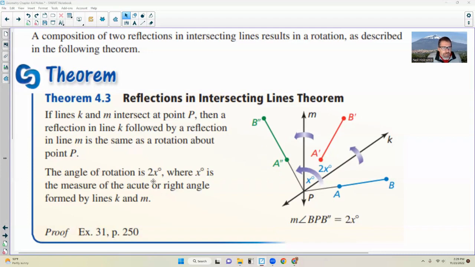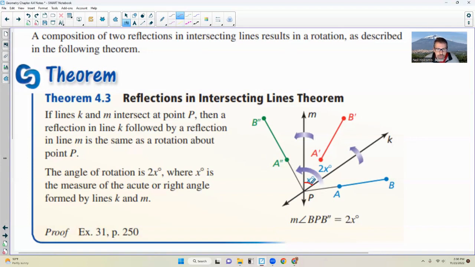The angle of rotation is 2x degrees, where x degrees is the measure of the acute or right angle formed by line K or M. Okay, so it's got to be acute or right, 90 degrees or less. They're talking about the angle that is formed by these two lines, this angle right here, that has to be 90 degrees or less.